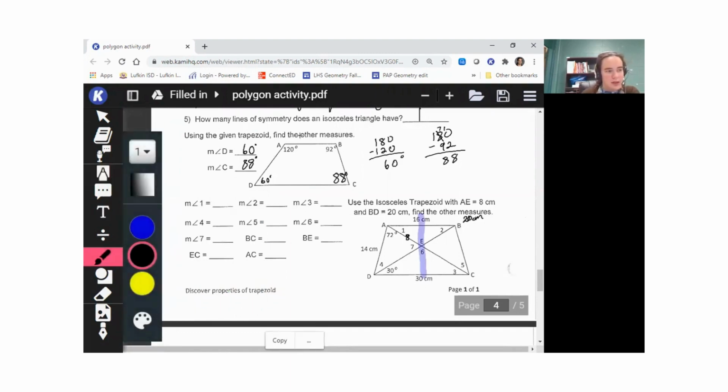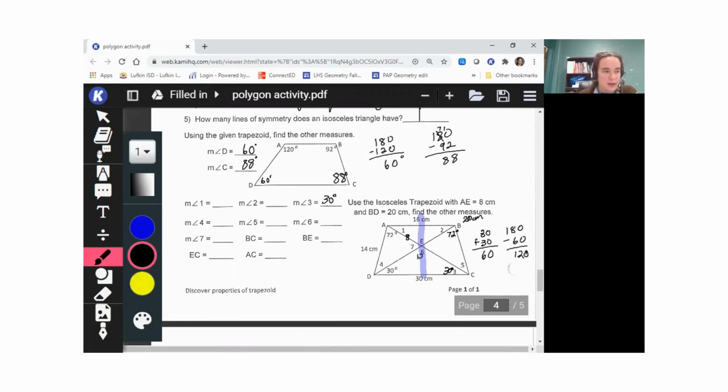So that means that angle 3 would be 30 degrees. And this angle under angle 2 would be 72 degrees. Now we can use that 30 degrees and 30 degrees to help us find angle 6, because we have two angles in that triangle and we can add 30 and 30 together and get 60, and then subtract that from 180 and get 120 degrees.